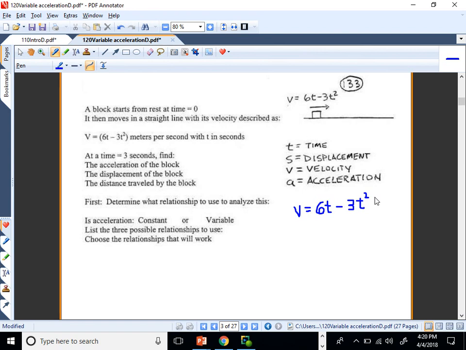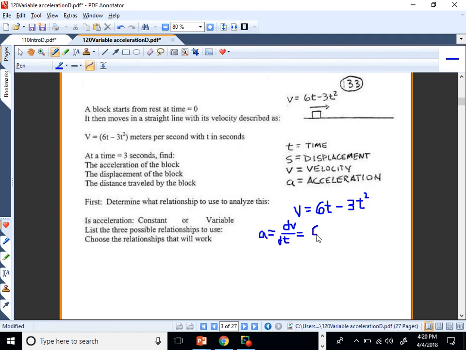Okay. So what we can do then is go ahead and find the acceleration and see what's going on here. So a is dv/dt. And we can just take a time derivative of that function there and see what we come up with.